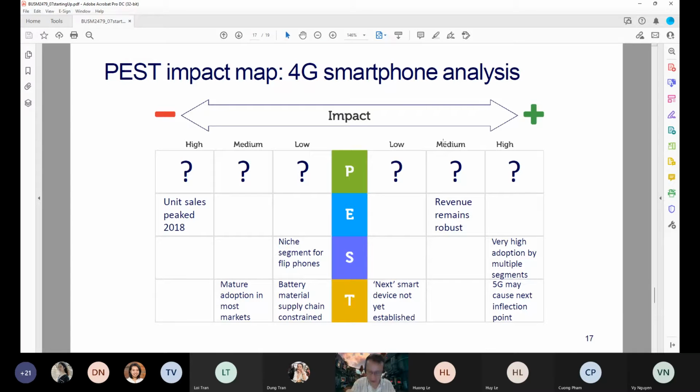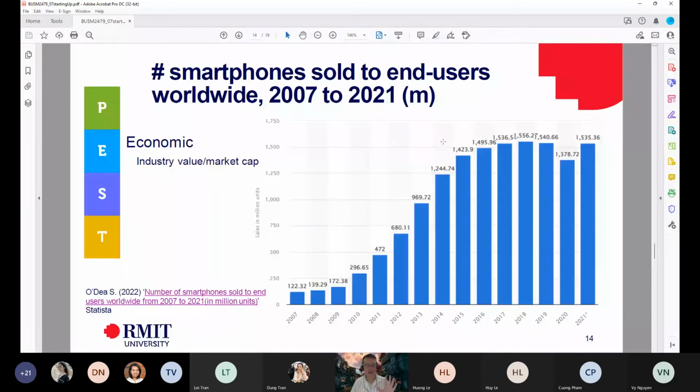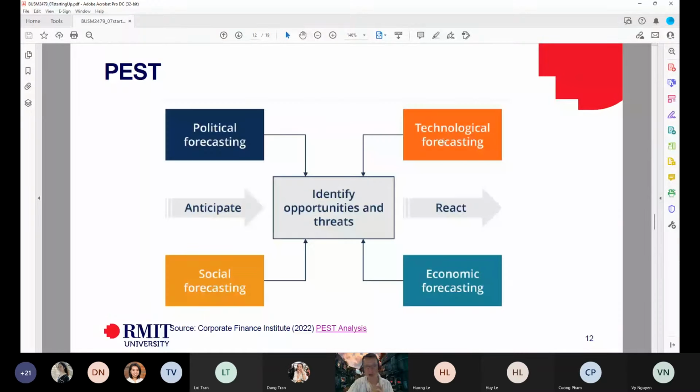But let me just close on a final point. SWOT and PEST have two things in common: opportunities and threats. So I will go through this again with you, but I just want to make the point now because I think some of you may be a little bit confused about this because you've all been trained differently.